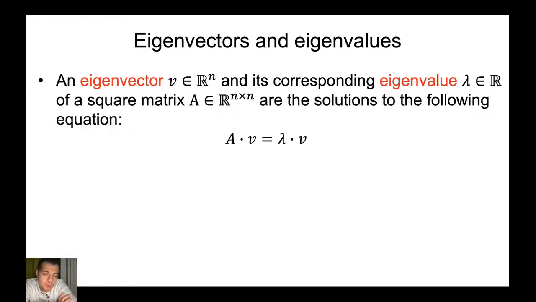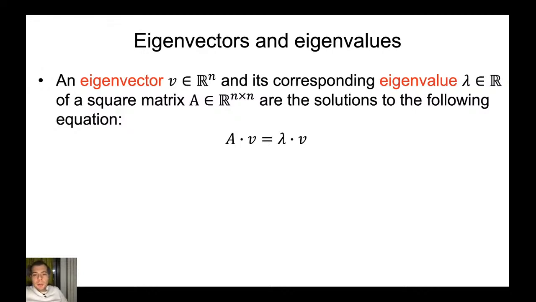First, we're just going to introduce the notation and remind you what an eigenvector and an eigenvalue are, and then we will see how we can use this to obtain these principal components.